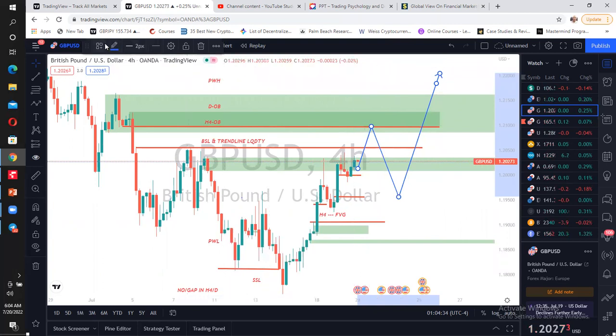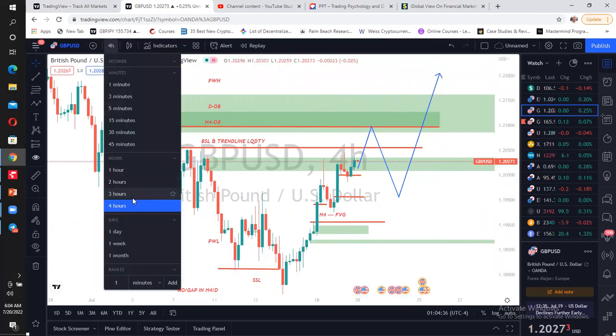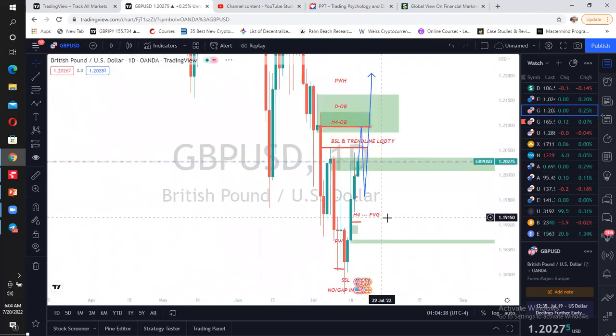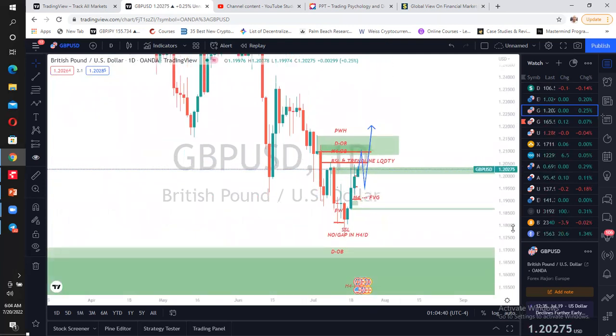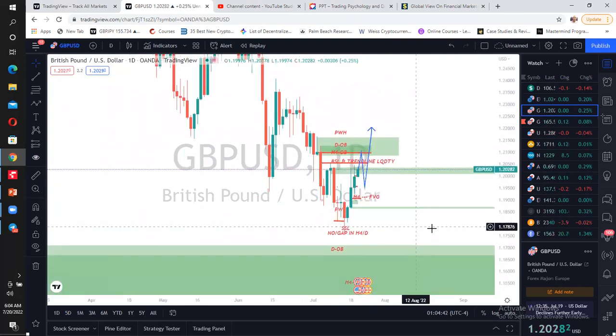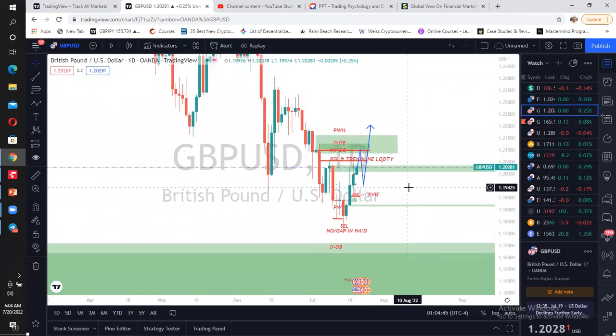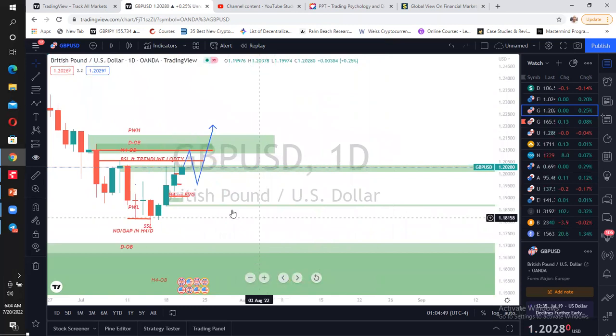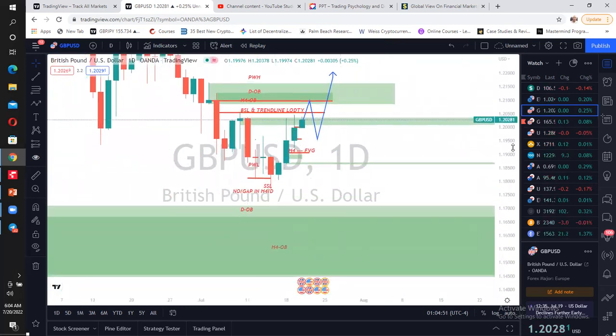Let's go to a higher time frame like daily and see if there is an FVG that needs to be closed down. Of course, there is. Let's zoom in. So, and take this out.